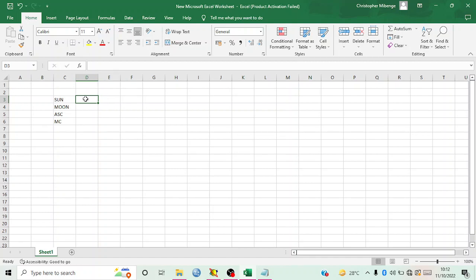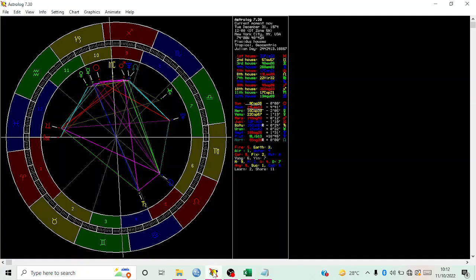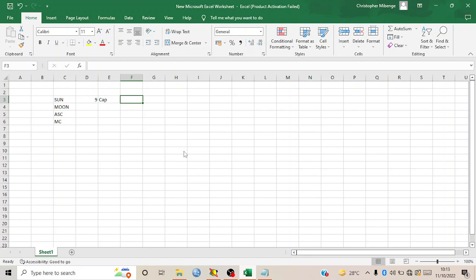So we are on 9 degrees, Capricorn, and what's the other part? So the sun is at 9 degrees Cap, 35, right? So we'll put 35 here, minutes.